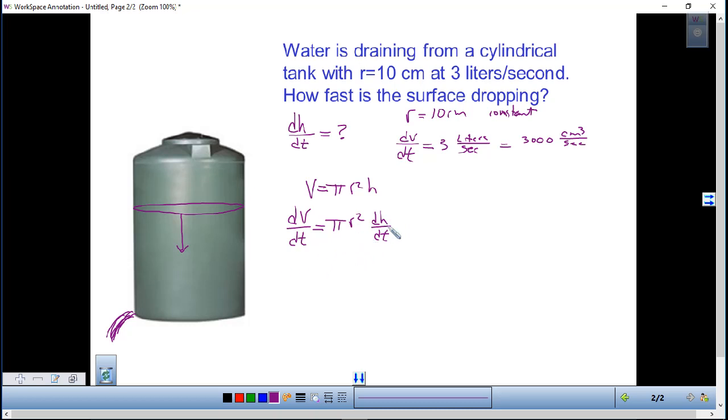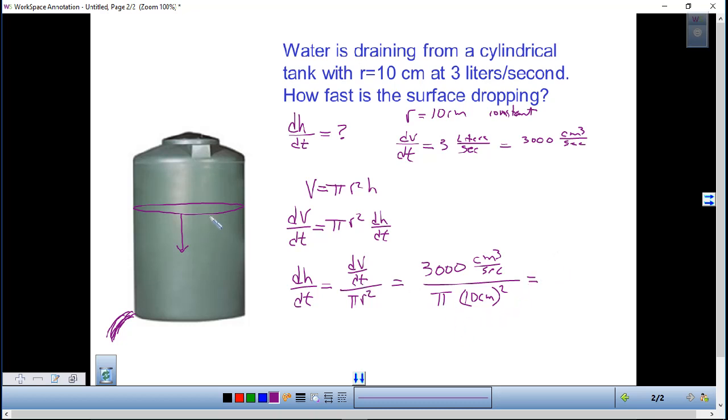So now, when we solve this, we're looking for dH dt, so we're going to find that dH dt is equal to dV dt over pi r squared. So when we plug everything in, we're going to have 3,000 cubic centimeters per second divided by pi times 10 centimeters squared. So now look at your units.